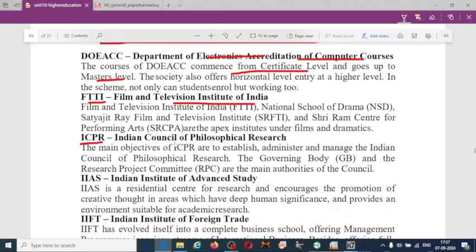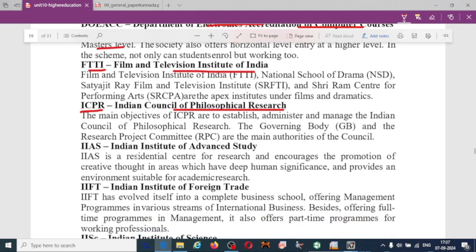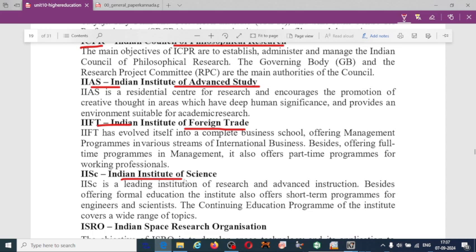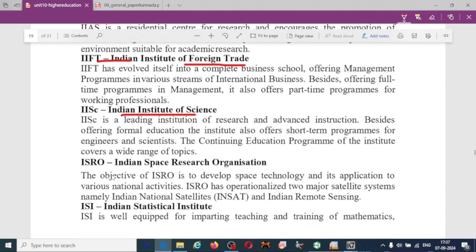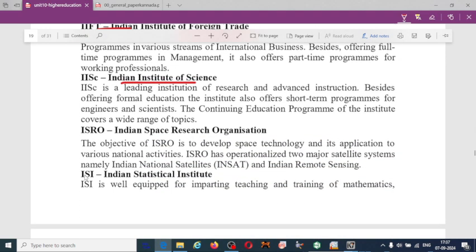ICPR, Indian Council of Philosophical Research. IIAS, Indian Institute of Advanced Study. IIFT, Indian Institute of Foreign Trade. IISc, Indian Institute of Science. ISRO, Indian Space Research Organisation.